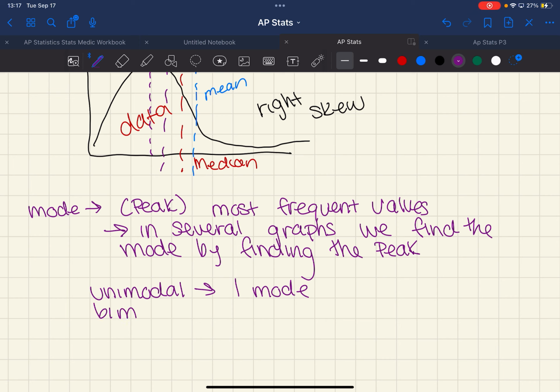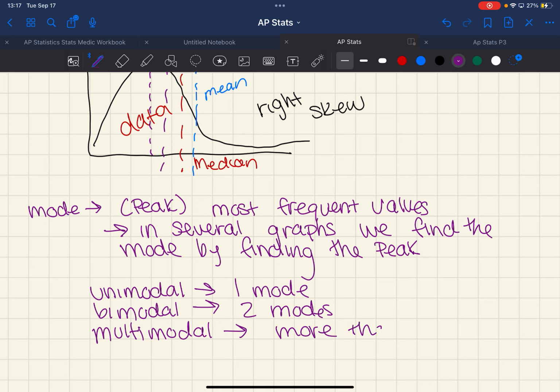If it's bimodal, it's two modes. If it's multi-modal, then there is more than one mode. And if it's uniform, there's no modes.